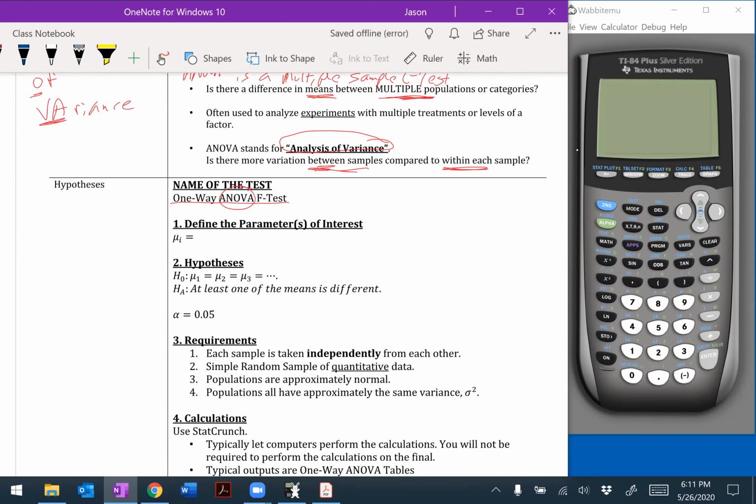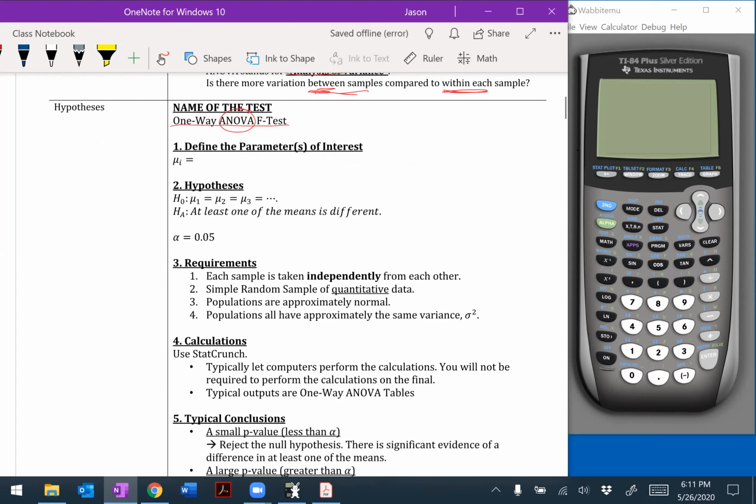Define the parameters of interest. That's mu i, meaning mu1, mu2, mu3, for i equals 1, 2, 3, 4, 5. What are the hypotheses? The null is that mu1 equals mu2 equals mu3 equals mu4, and so on, however many parameters I'm comparing.